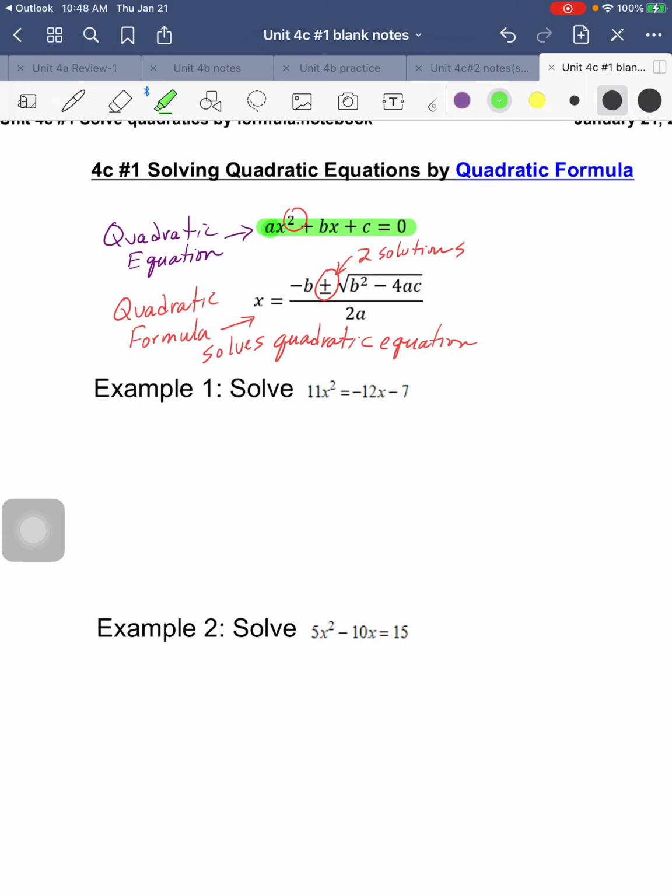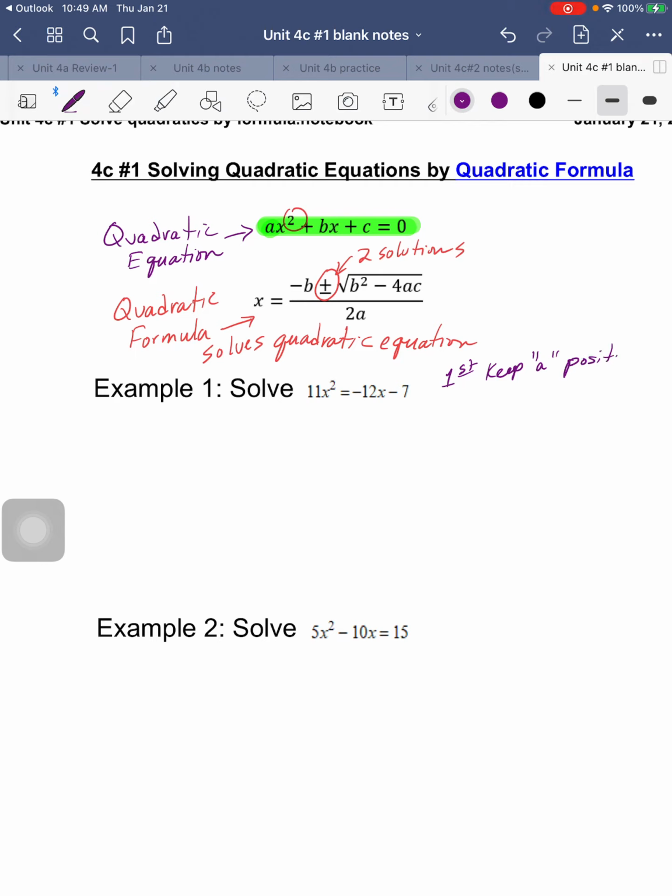So the very first thing we need to do is make sure that all the terms are on one side of the equation and it's equal to 0. So we're going to look down at our first example here. We have 11x squared equals negative 12x minus 7. I would say try to keep the a positive.